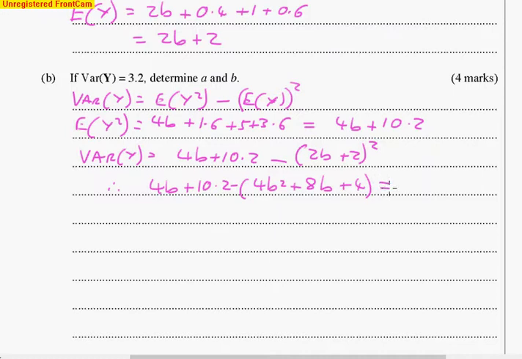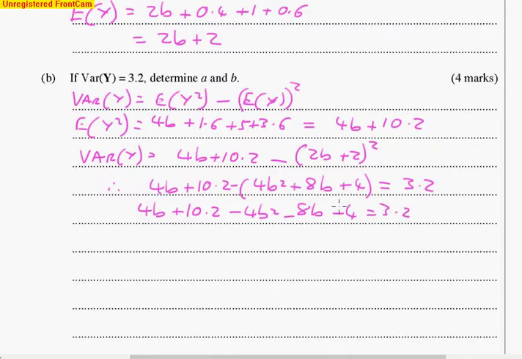And that lot equals 3.2. We've got a quadratic involving b, we should be able to solve that. So let's just expand it all out. 4b plus 10.2 minus 4b squared minus 8b minus 4 equals 3.2.